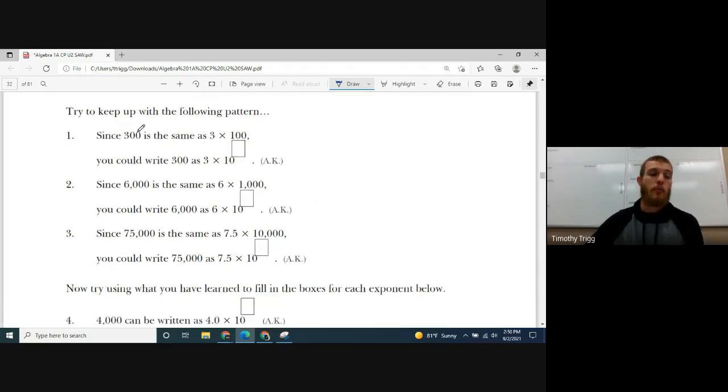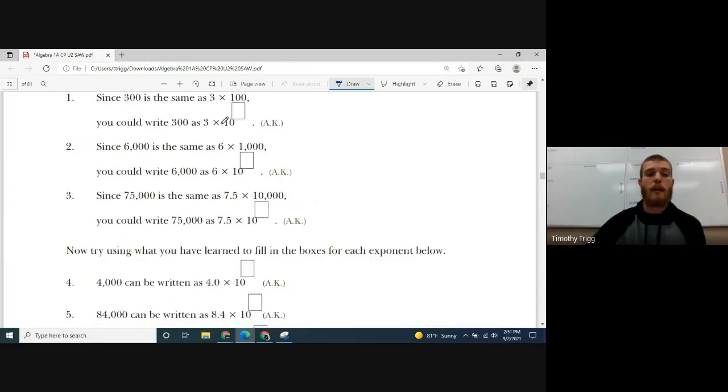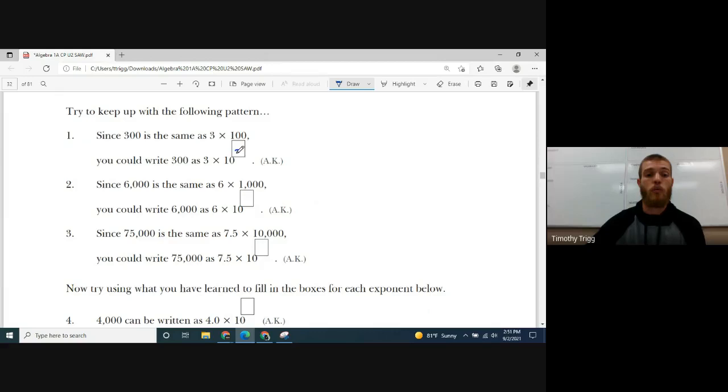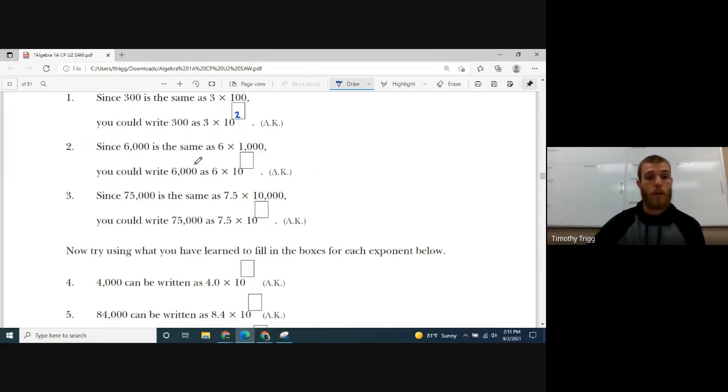So, for example, 300 is the same as saying 3 times 100, right? So you could rewrite it as 3 times 10 to the power of 2, because 100 is 10 to the power of 2. 6,000 is the same as saying 6 times 1,000. So that's the same as saying 6 times 10 to the power of 3, because 1,000 is 10 to the power of 3.